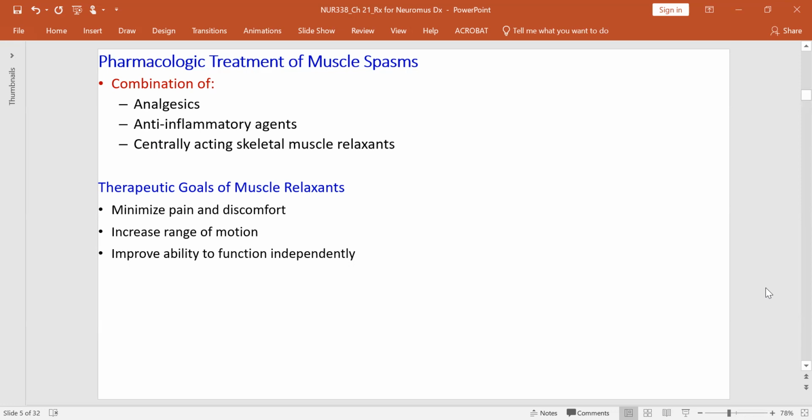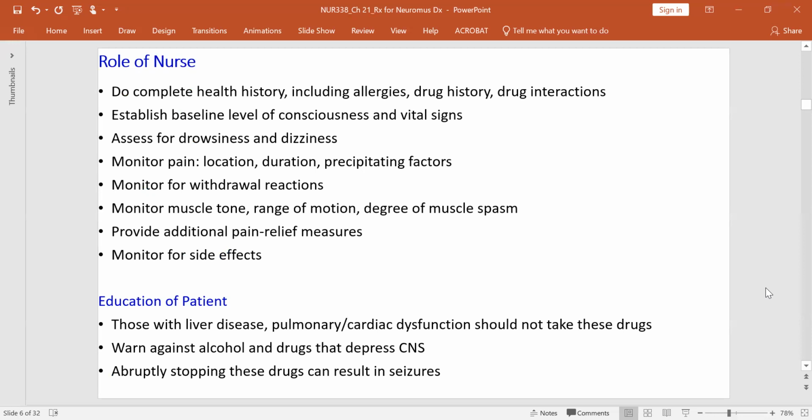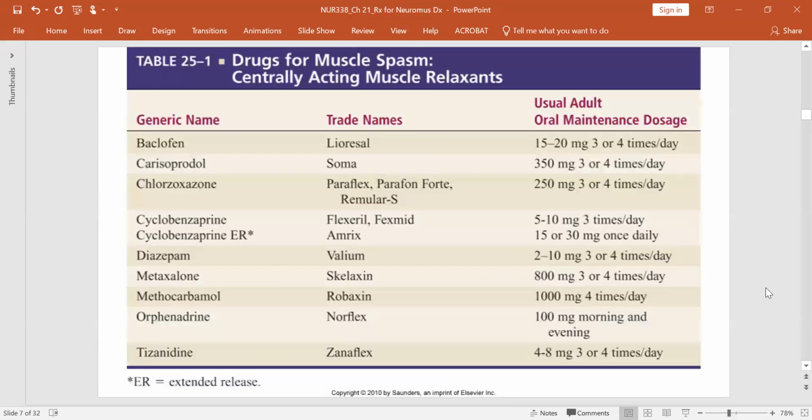That will be the content of the upcoming slides, covering these two main groups of muscle relaxant medications. Most produce their effects through actions in the central nervous system, CNS, except for one drug, dantrolene. We'll get to dantrolene towards the end of this lecture.